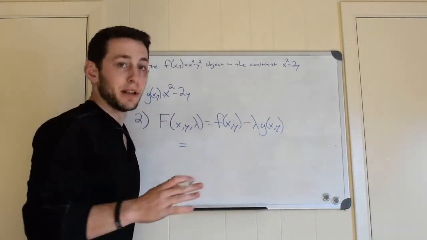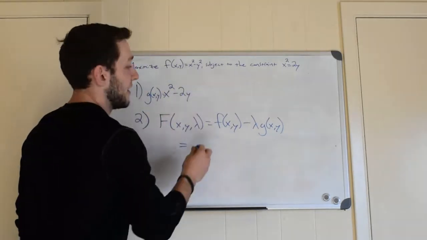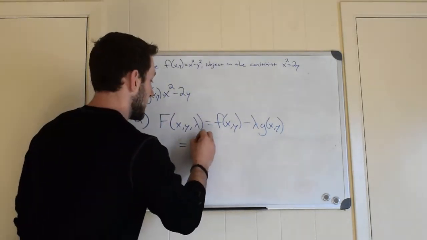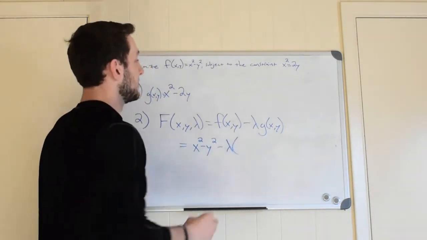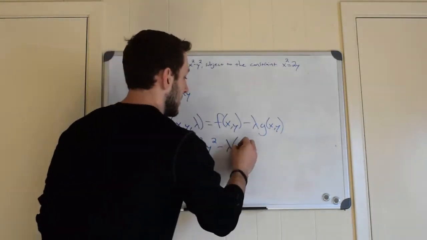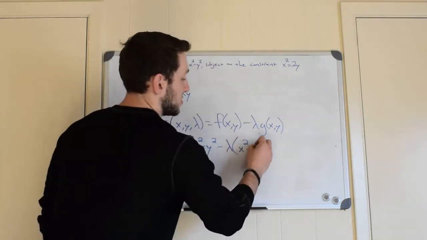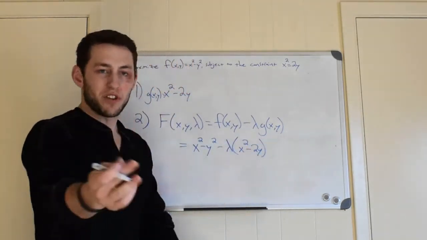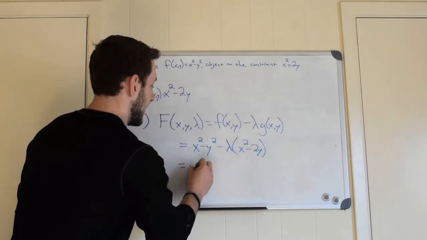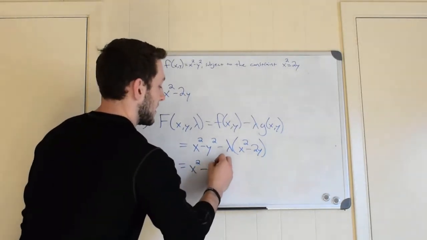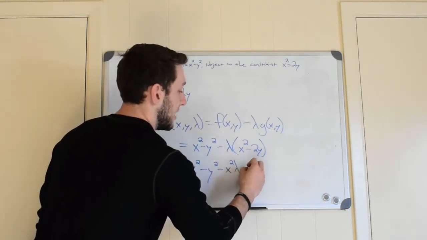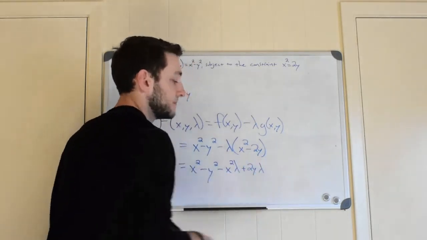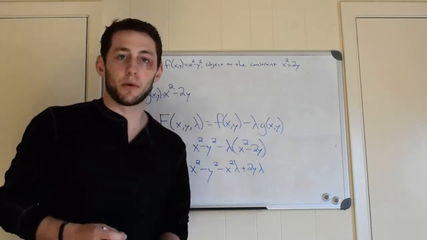Now just plugging into place, f of x comma y was x squared minus y squared minus lambda times our constraint function x squared minus 2y, which simplifies out to be x squared minus y squared minus x squared lambda plus 2y lambda. And that's the function that we're going to be working with.